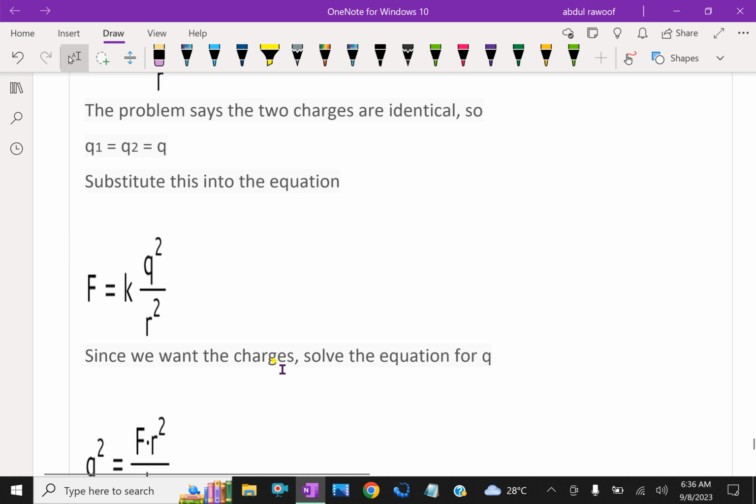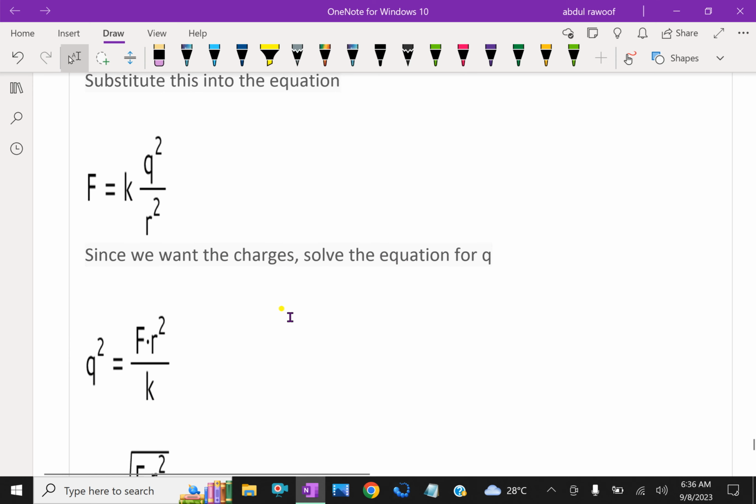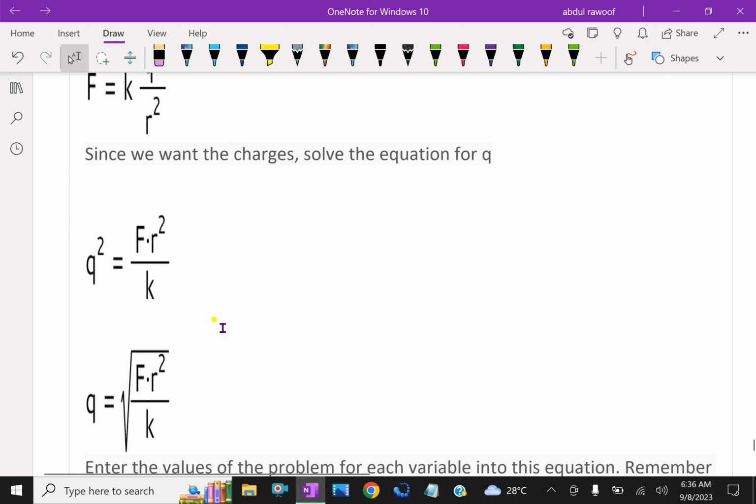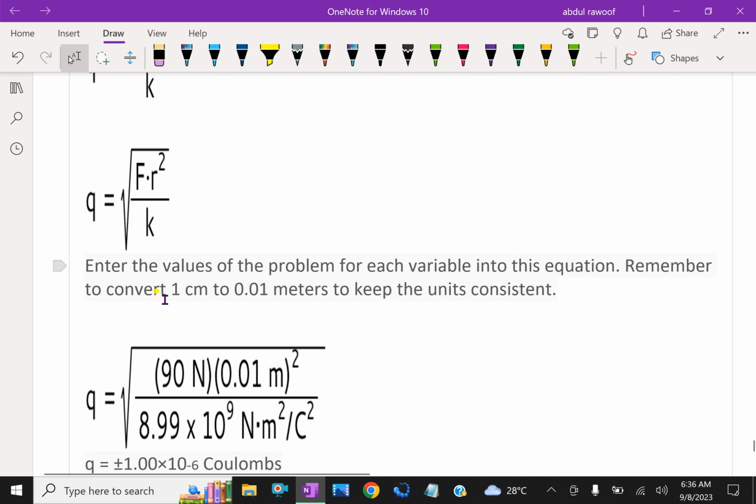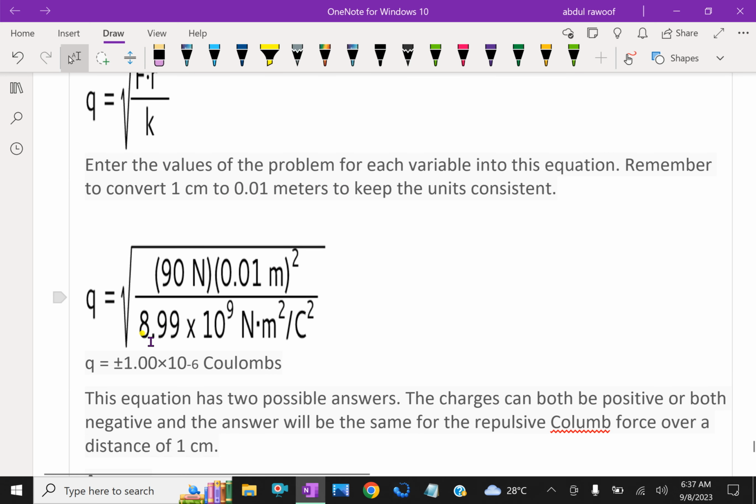Since we want the charges, solve the equation for Q. By cross multiplying, Q square equals F R squared by K. Then Q equals the square root of F into R squared by K. Now we use the values: 1 centimeter equals 0.01 meters, and K is 9 into 10 power 9, or exactly 8.99 into 10 power 9.